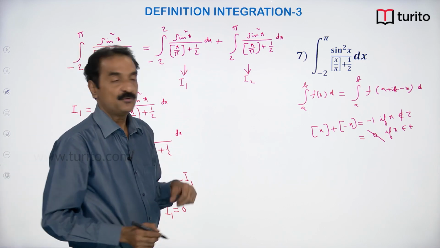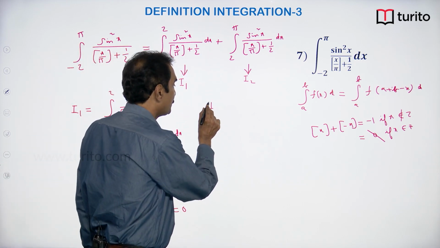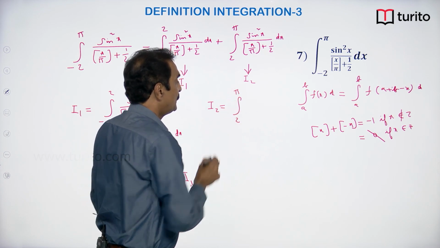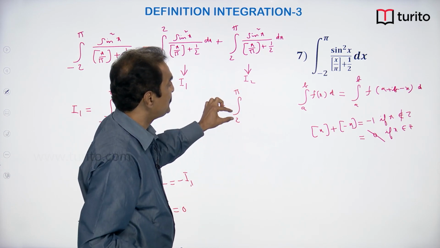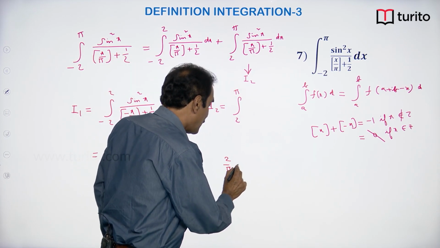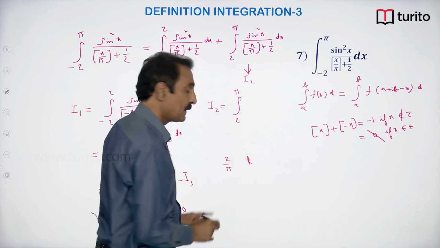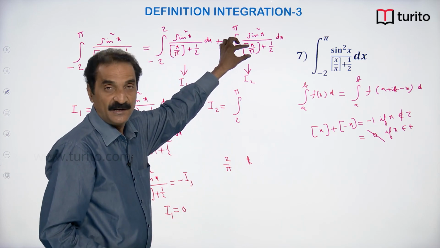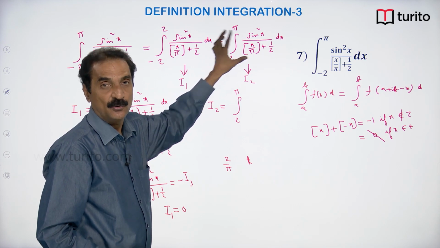Now if you take I2, if x lies between 2 and pi, x by pi lies between 2 by pi and 1. In this interval, what is the integral part of x by pi? It is 0.